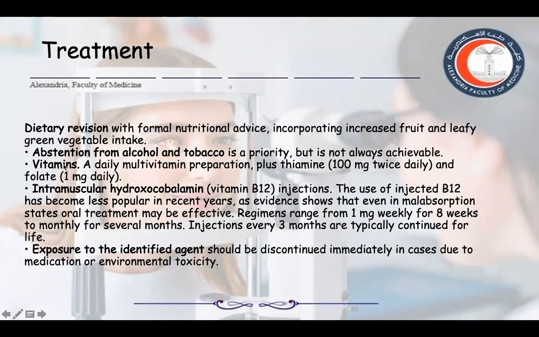We can provide him with vitamin E and other multivitamin preparations, and intramuscular hydroxocobalamin injections. All we are trying to do is two things: avoid elements that can cause this optic neuropathy, and provide the patient with the nutritional elements that he needs for a healthy life. Of course, exposure to the identified agent should be discontinued.